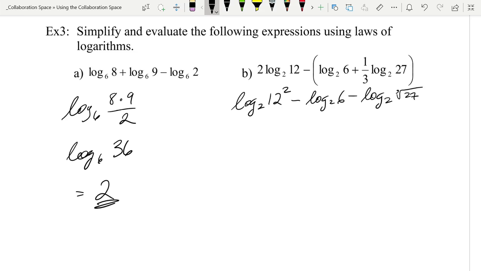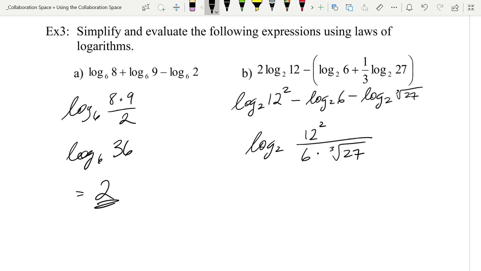I said cube root, and then I didn't write my 3. There we go. Okay, now what? Now I'm going to use my log laws, right? My log laws say that if I'm subtracting, that becomes a divide. So this is log to the base 2 of 12 squared all over 6 times the cube root of 27.